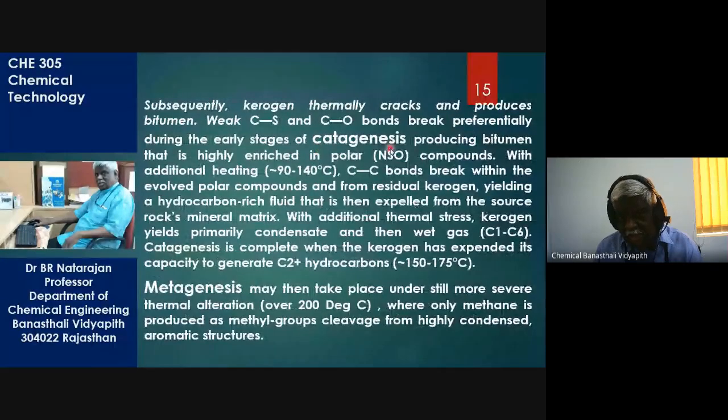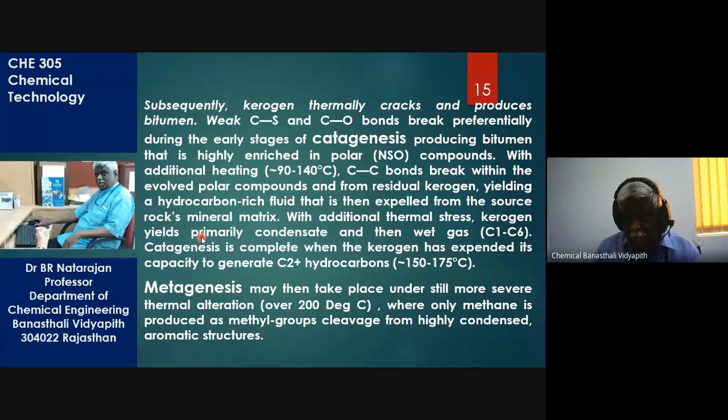The next stage is catagenesis, in the range of 150 to 175, where some more bonds break and hydrocarbons are getting formed. And the last stage is metagenesis, over 200 degrees, where some methane formation is happening.